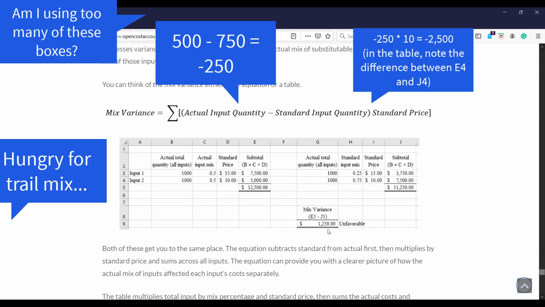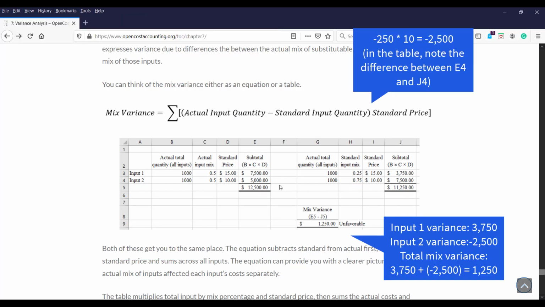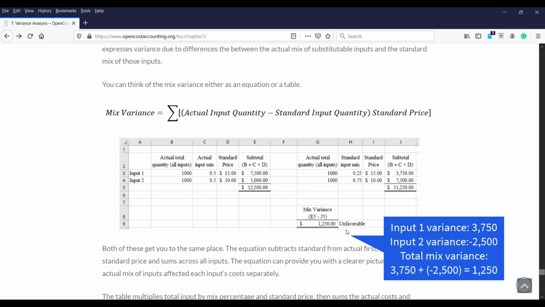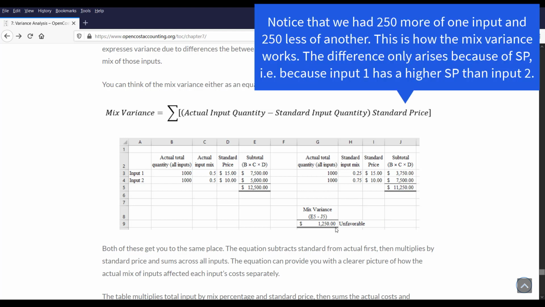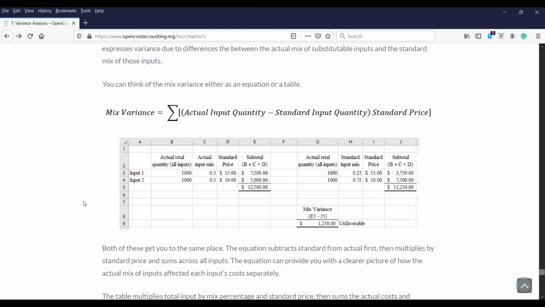And that will give us the same variance overall. So the difference between these two cells right here gives us 1,250 unfavorable variance due to mix, just due to the mix that we had in. The same inputs overall, so same total inputs of 1,000, but the mix was different such that it was a higher cost. It leaned towards the higher cost input more than we expected.